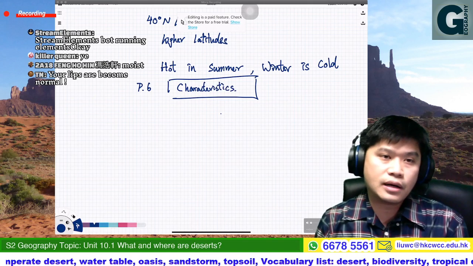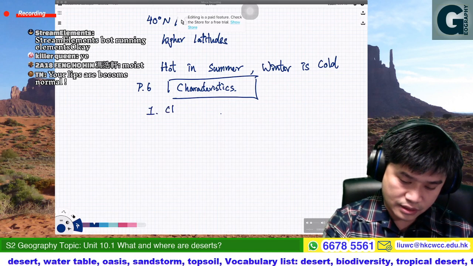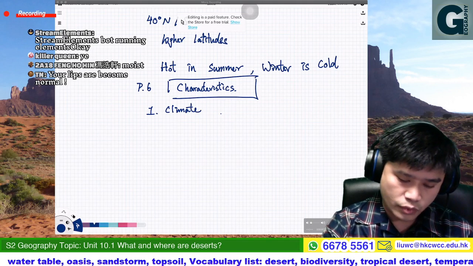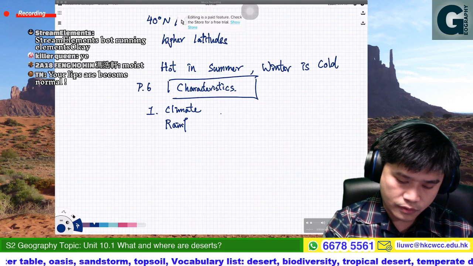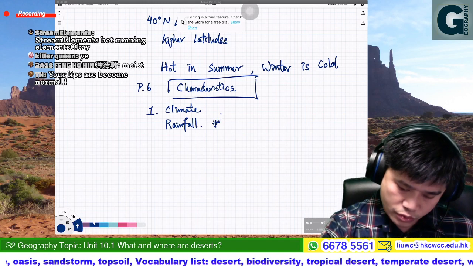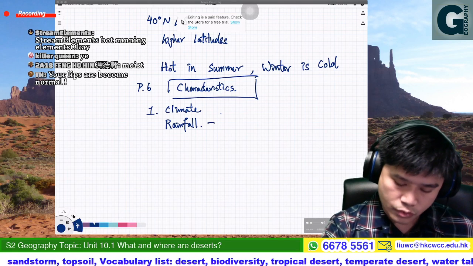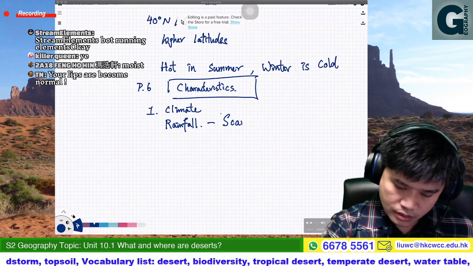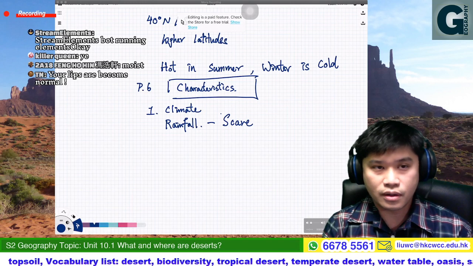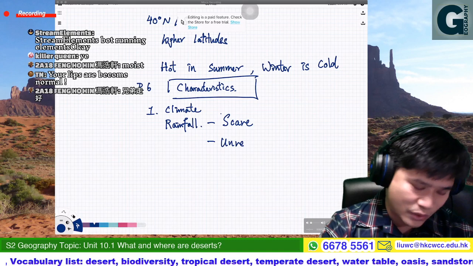So first, for the characteristics of the desert, we mentioned the climate. When we talk about climate, we talk about the rainfall. For rainfall in the desert, there are two words. One, scarce, it means very, very low rainfall. And the second one, unreliable.